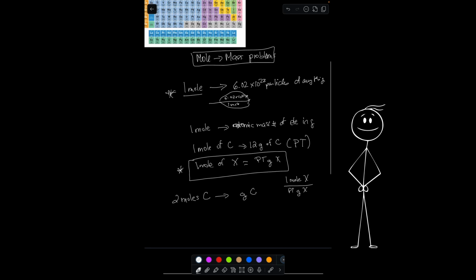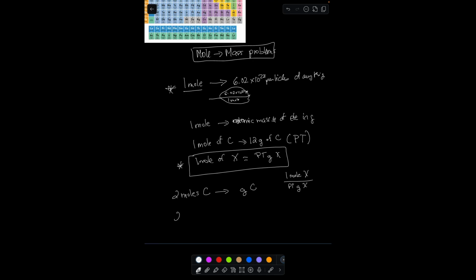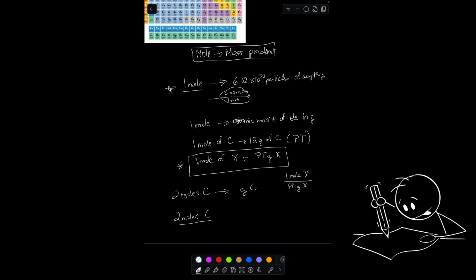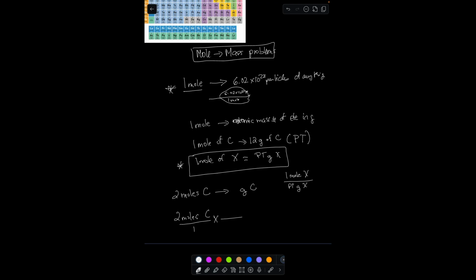So here what we do is we start with what's given to us, 2 moles of carbon. That's always how we start our problem, what's given to us. And now we want to go, and you can put that over 1, to grams. So what we have to do is put our calculator right here with our conversion factor.